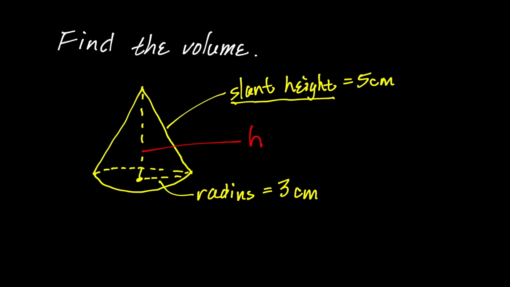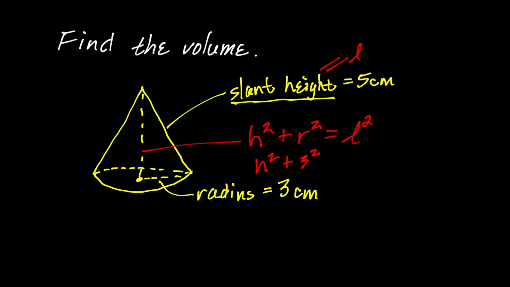The height squared plus the radius squared is going to equal the slant height squared. They call the slant height L, though different texts call it different things. I can either recognize that this is a 3, 4, 5 triangle, or I can run the numbers here.